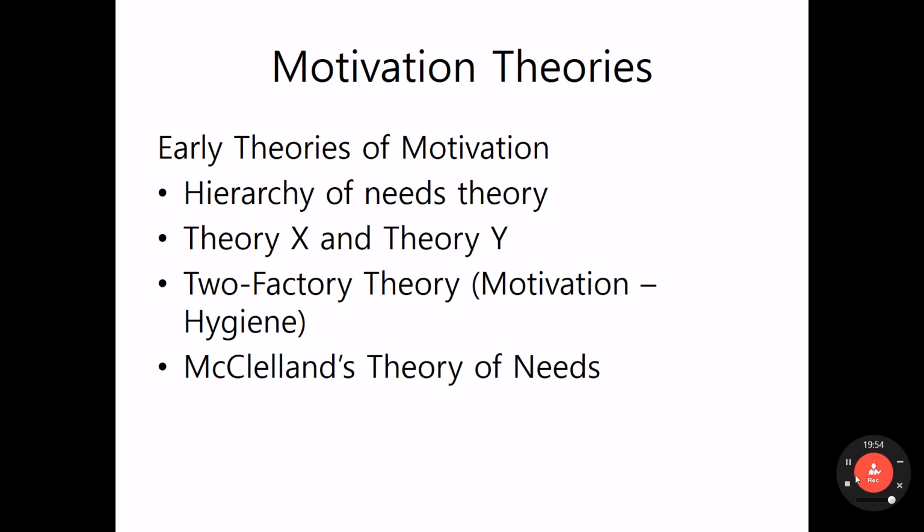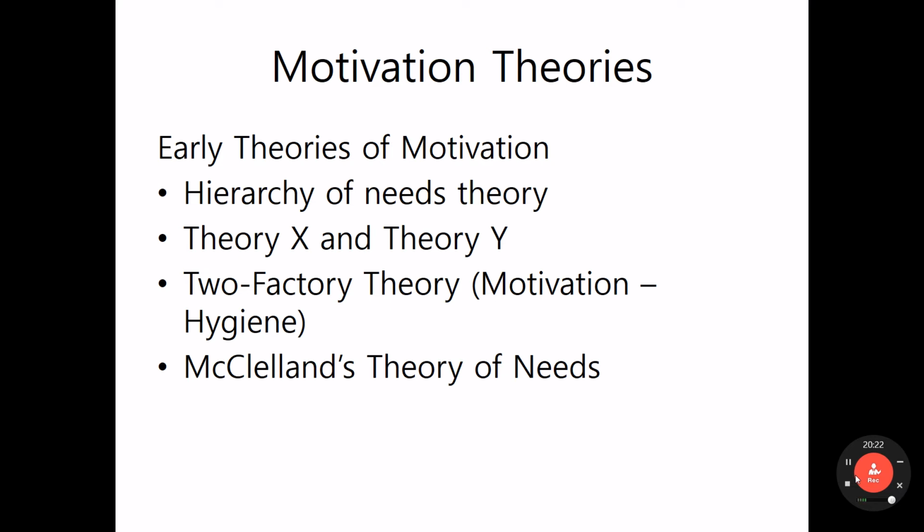Okay, motivation theories. We will learn many different theories about motivation. The first four theories are early theories of motivation. Hierarchy of needs theory. We are already familiar with that theory, right? It's Maslow's hierarchy of needs.